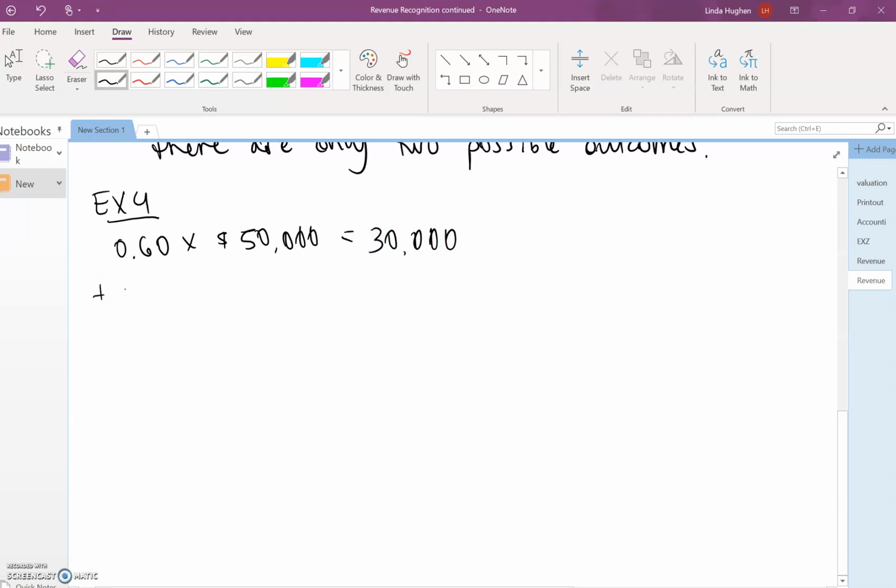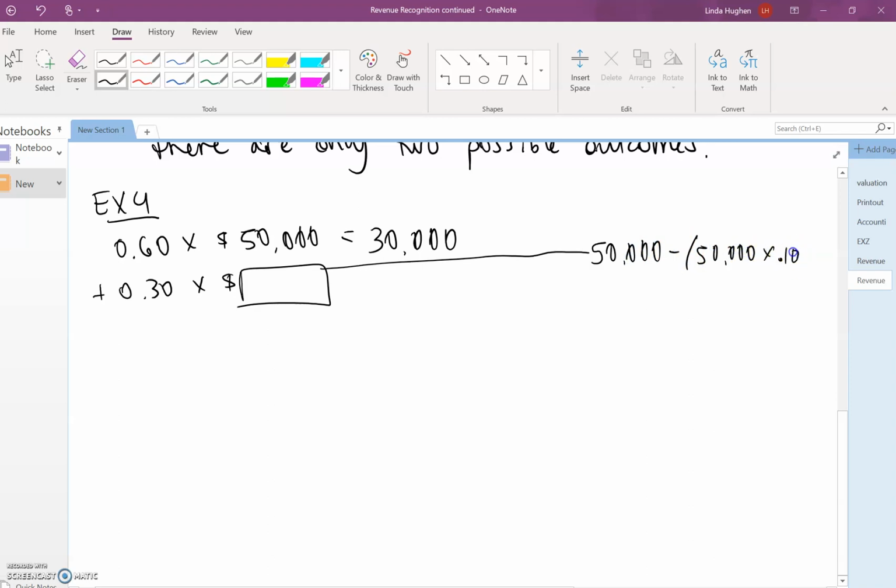We're going to add to that the 30% chance that this amount is going to be reduced by 10%. So this amount here is equal to the 50,000 less 10% of 50,000. 10% of 50,000 is 5,000, so 50,000 less 5,000. There's a 30% chance that the company is going to receive a bonus of 45,000.